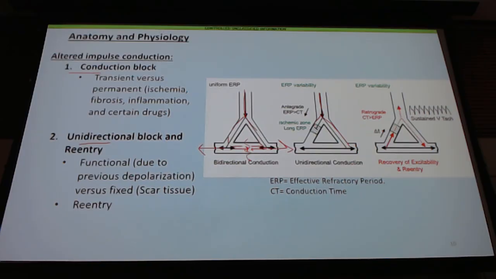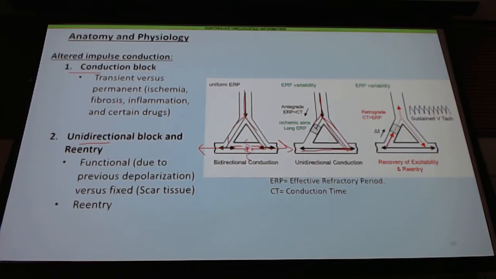So what ends up happening is it's going to go down the other limb, and then that limb, because it's not going to encounter that area of depolarization, it's just going to continue to propagate down that other side. So you can see this is going to lead to a delayed depolarization going down that left side, because now it has a greater distance to travel in order to depolarize everything on the left.